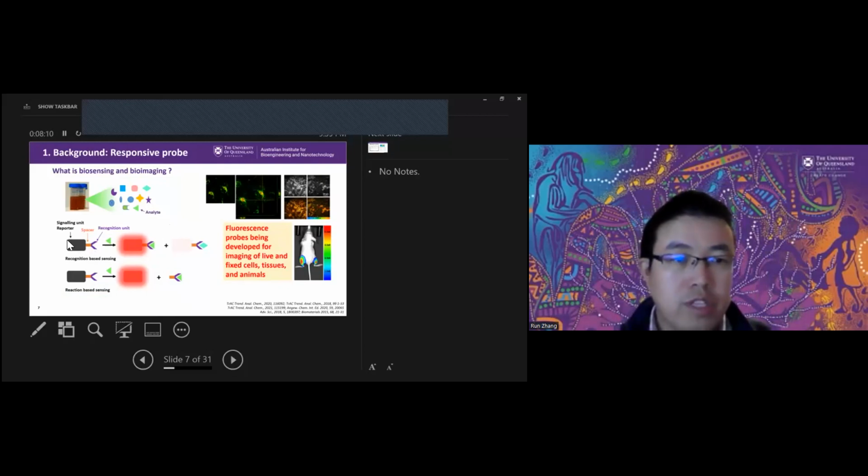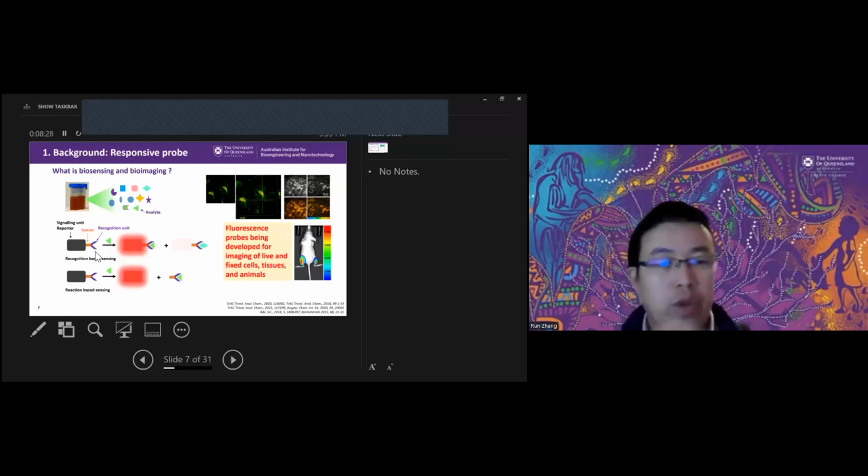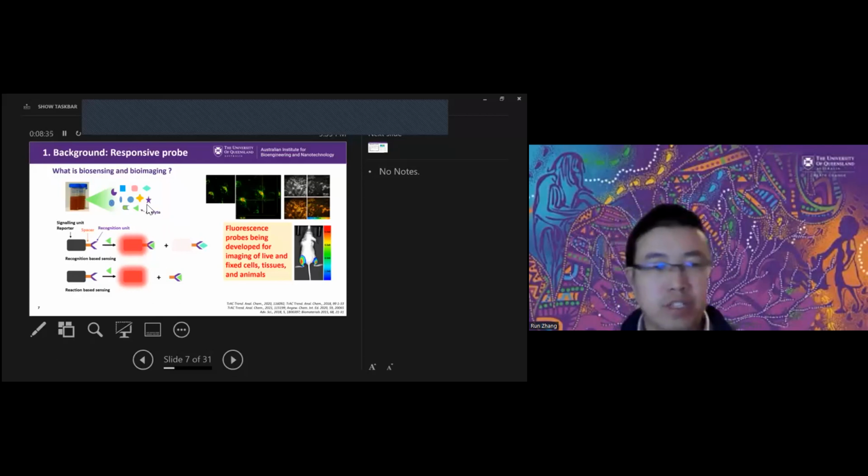We can see here the signaling unit, the recognition unit, and also the spacer. And after binding or reaction of this target analyte with this probe, the fluorescence or emission signal will change, and we record this kind of change to quantify or to get the information of this analyte in the sample.